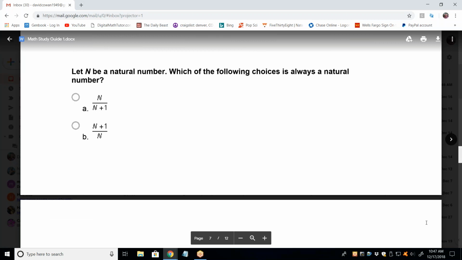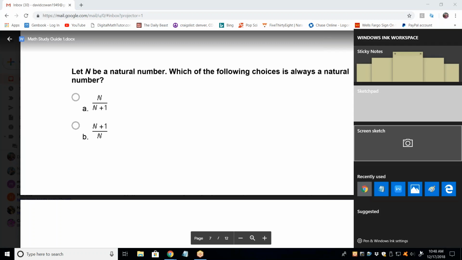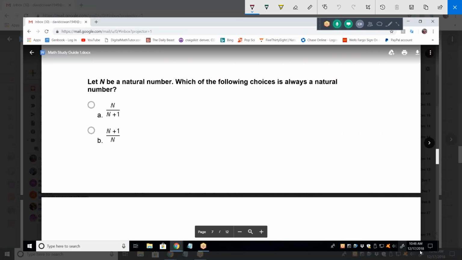Well, what's a good way to proceed? I would substitute an integer for n. Exactly. It could be 1. So let's let n equal 2. When you are picking numbers like we're going to do here, try to avoid 0 and 1.